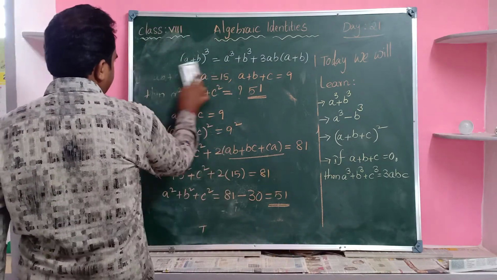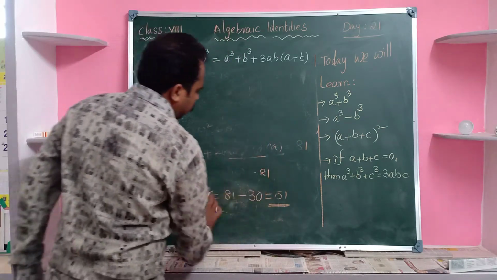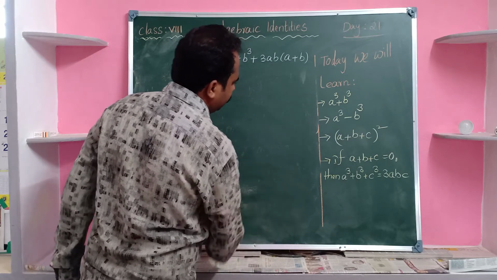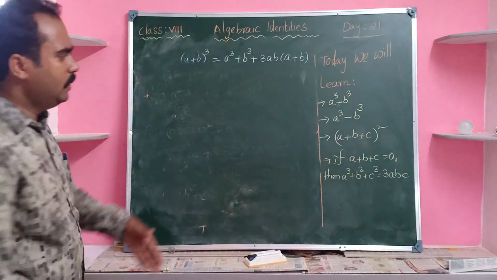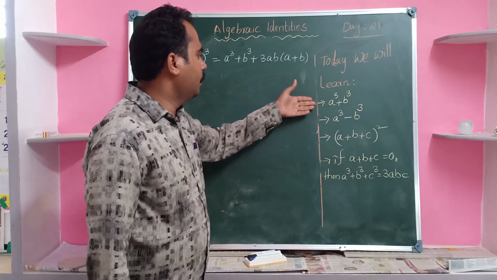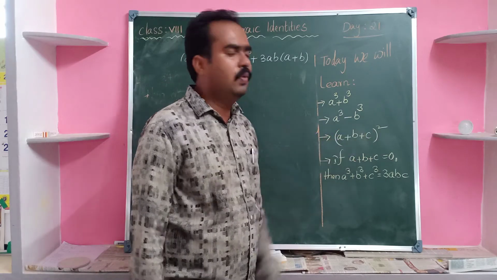Next. Now these three identities are completed: a cube plus b cube, a cube minus b cube, and a plus b plus c whole square.